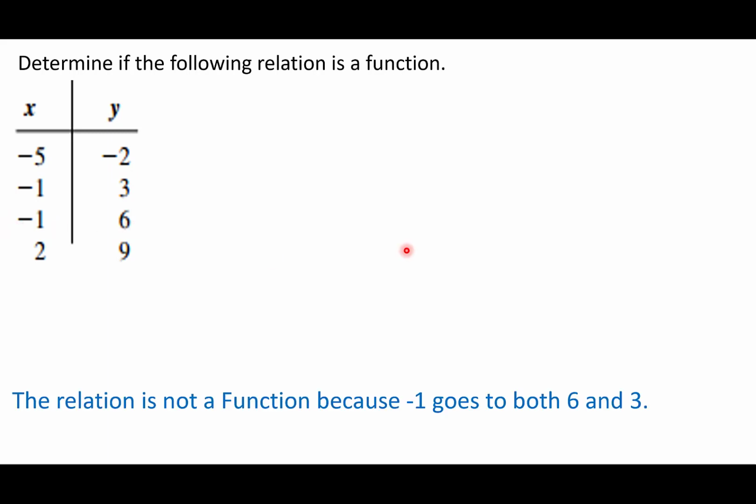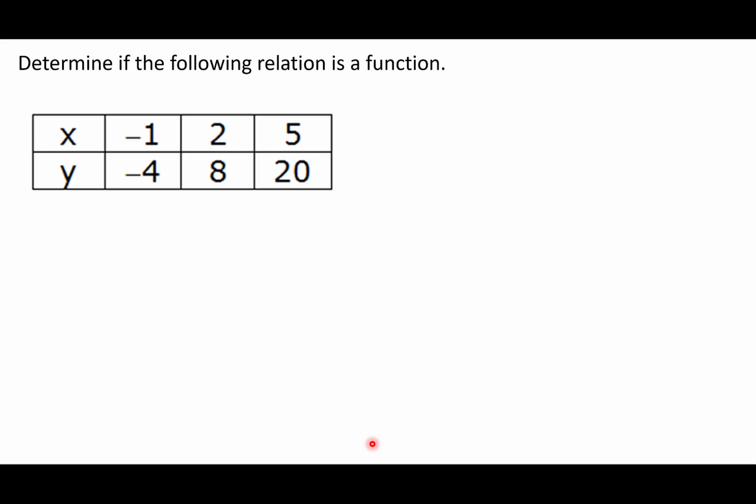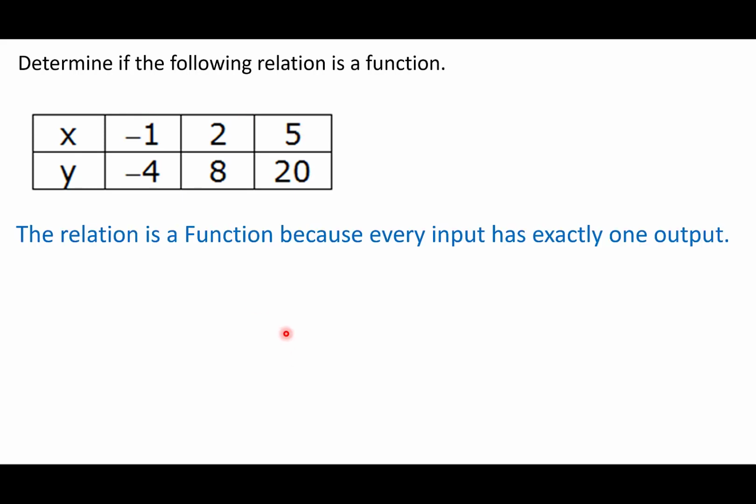So this is not a function because -1 goes to both 6 and 3. All right, looking at this table, do I have any repeating x values? I don't. So you can say this relation is a function because every input has exactly one output.